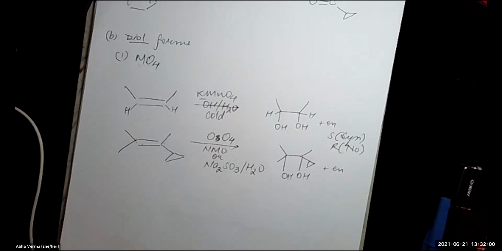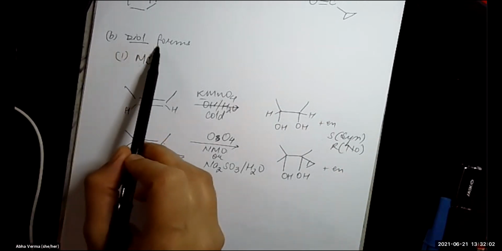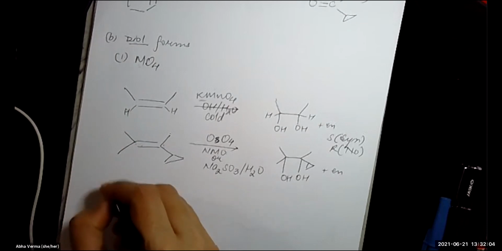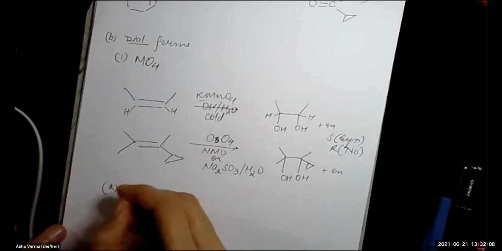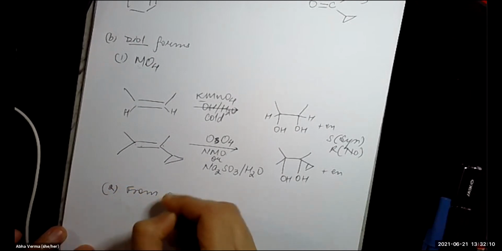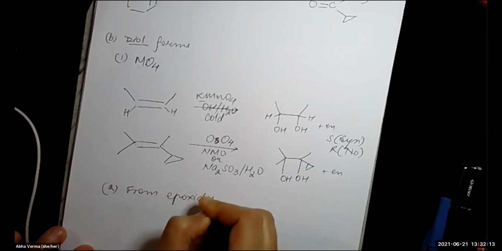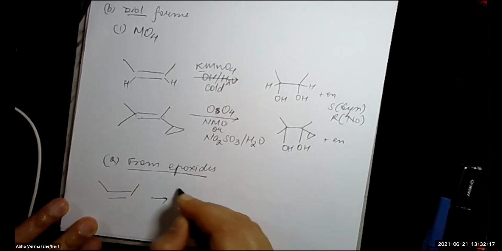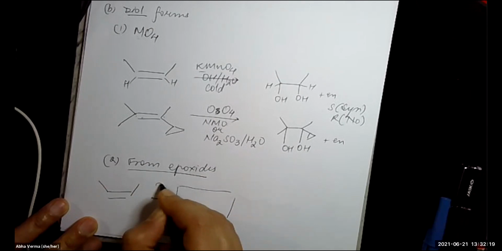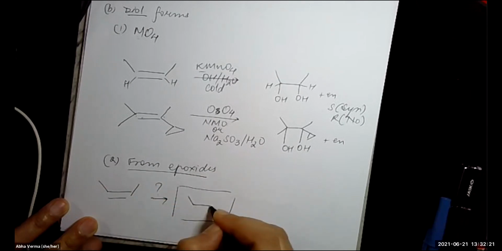Okay. Another kind that we can do for the diol formation is when you form it from epoxides. Now we will learn how to make epoxides. But what is an epoxide?